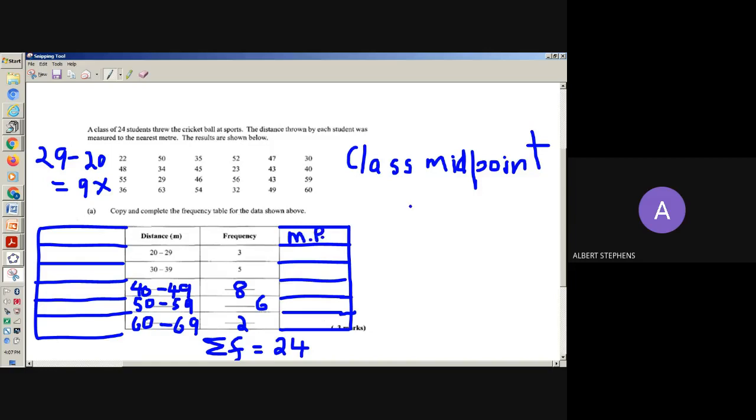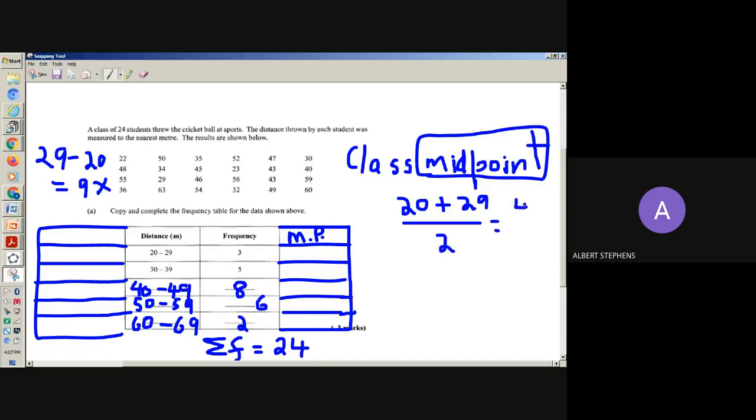To get the class midpoint, what does midpoint mean to you, class? The middle, not true? Right. Now to get the middle, instead of 20 and 29, we say 20 plus 29, and whatever we get, we just divide it by 2. So this is 49 divided by 2.